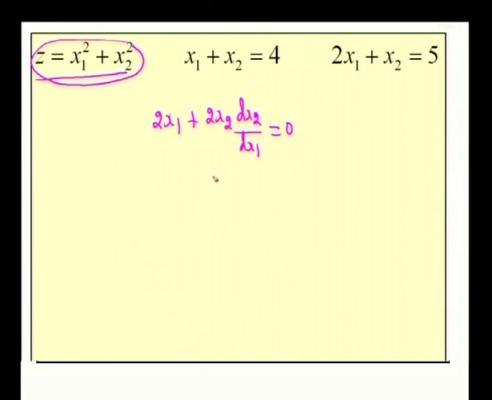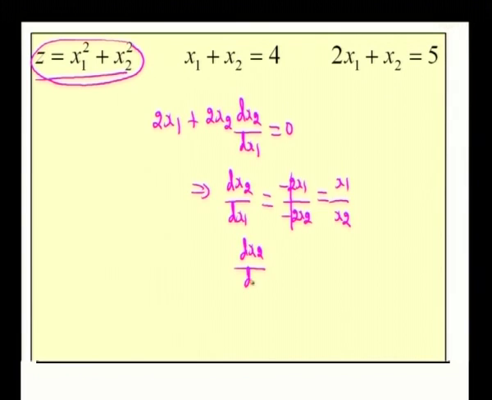From this we have dx2 by dx1 equal to minus 2x1 by 2x2. By cancelling 2, we have x1 by x2. So, the gradient of the tangent to the circle is dx2 by dx1 equal to x1 by x2. We take it as equation 1.